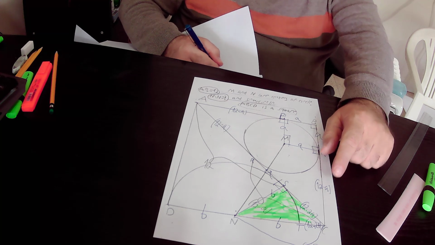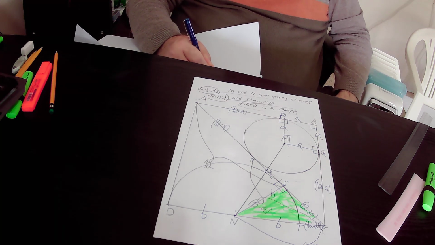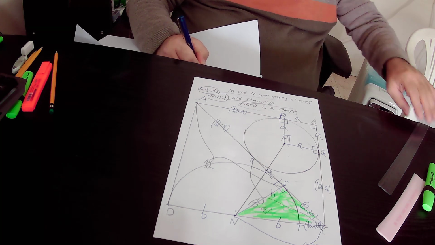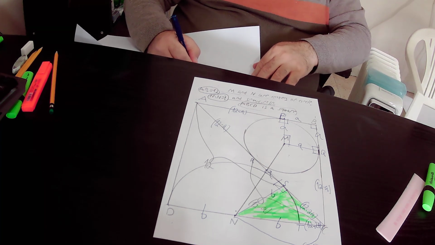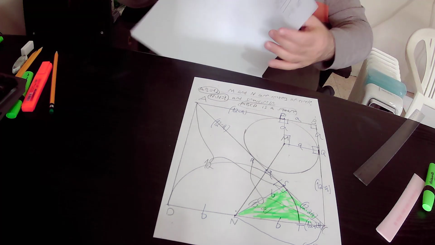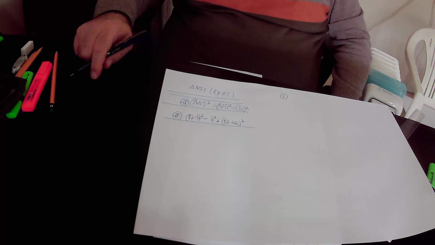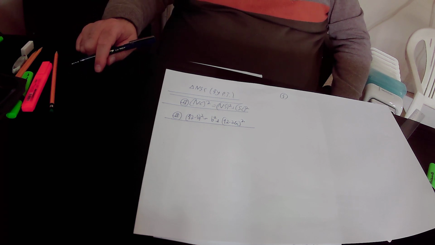SC equals 12 minus 2A, so SC squared will be equal to (12 minus 2A) squared. So in conclusion, we found out that according to equation number 2, (12 minus B) squared equals B squared plus (12 minus 2A) squared.